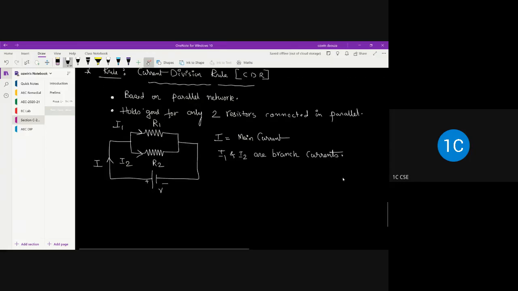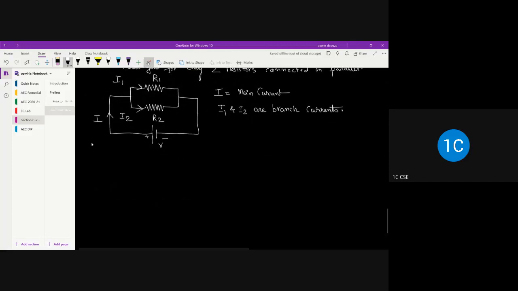All right, fine. Now, by looking at the circuit, you can make out that it's a parallel circuit, and in a parallel circuit, the terminal voltage across the passive device remains the same.